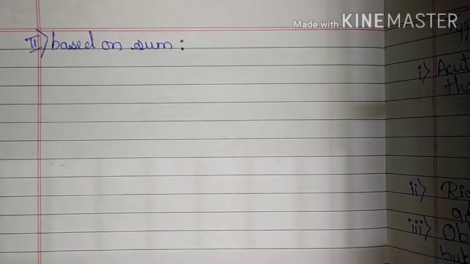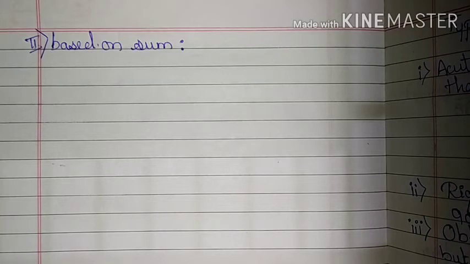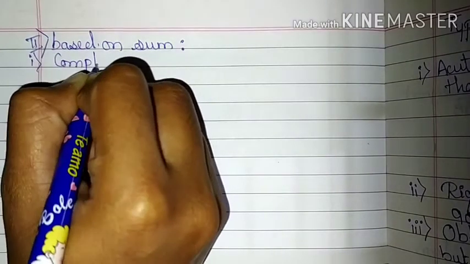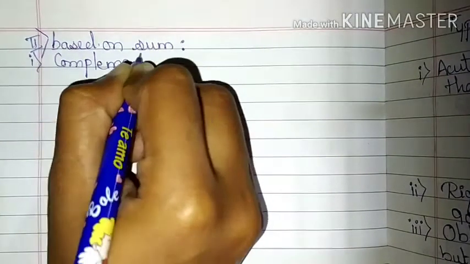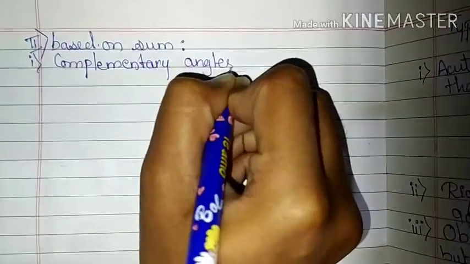In the previous section, we saw how angles were classified into different types based on their measurements. In the second method, we are classifying angles based on their sum. There are two types of angles based on their sum. First is complementary angles.